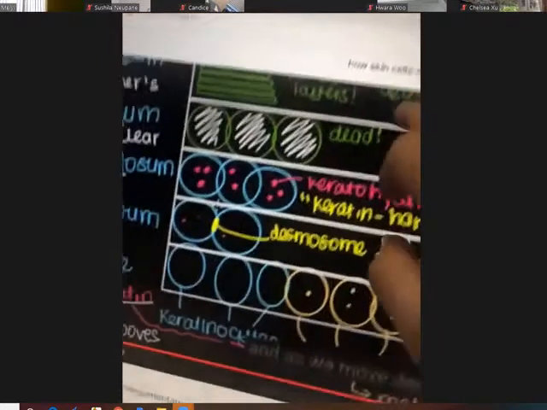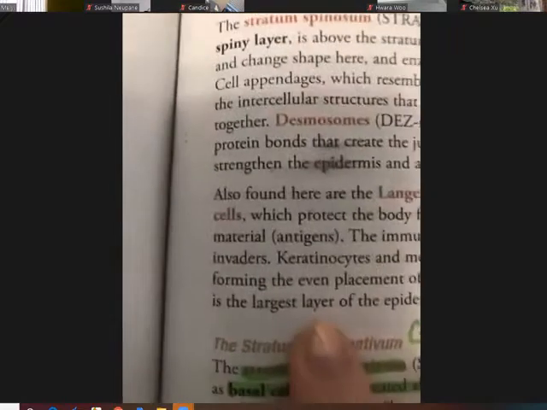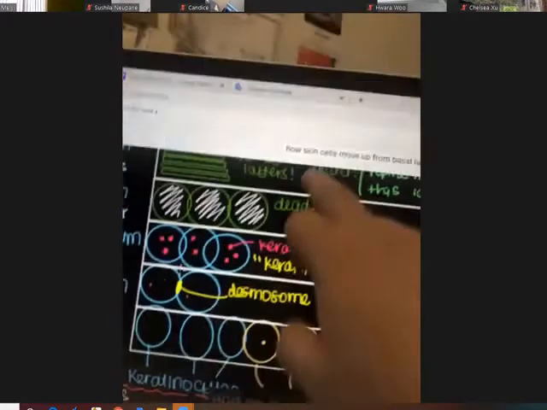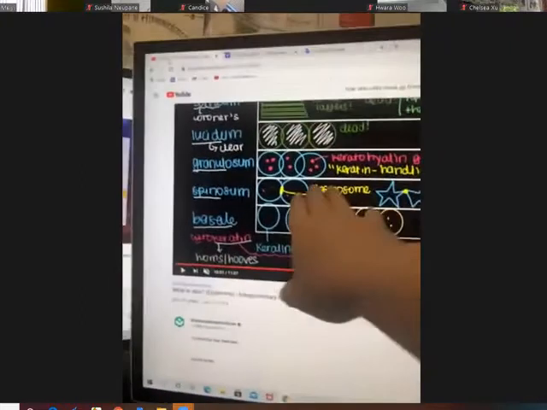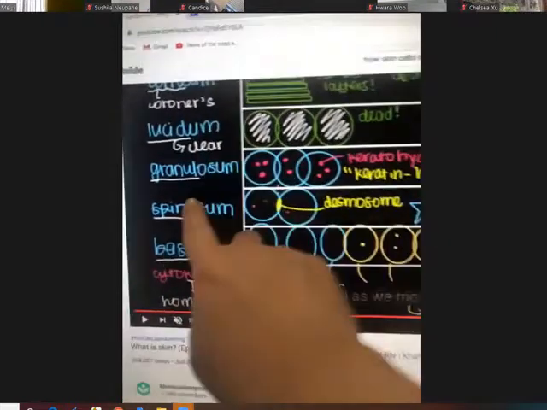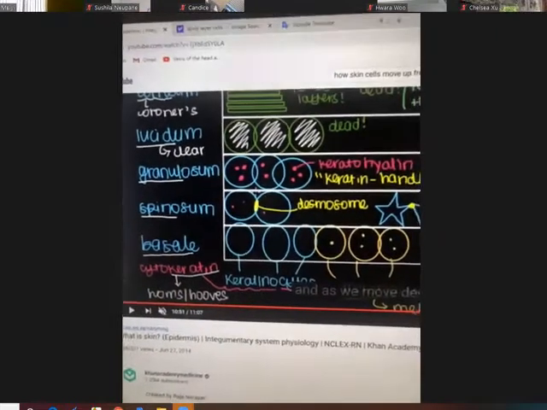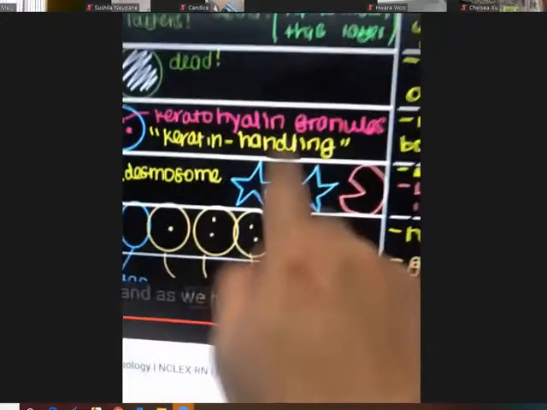That means out of these layers, this layer is the largest. Of the five layers of the epidermis, this fourth layer is the biggest. Okay, the biggest layer is the spinosum layer. Okay, and the Langerhans cell, which is your immune system, is found here.